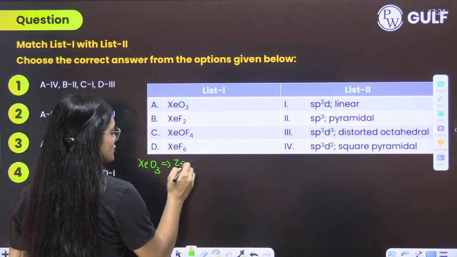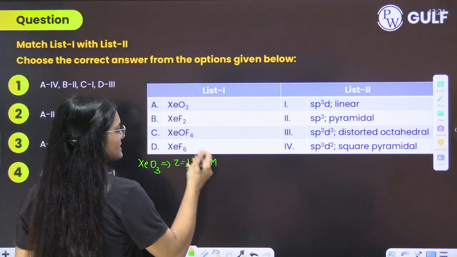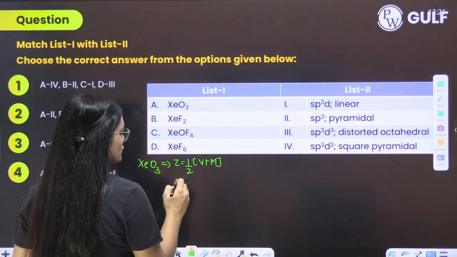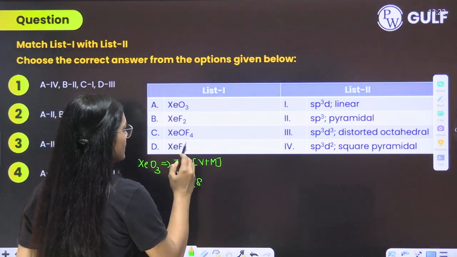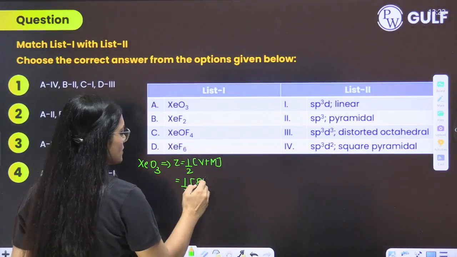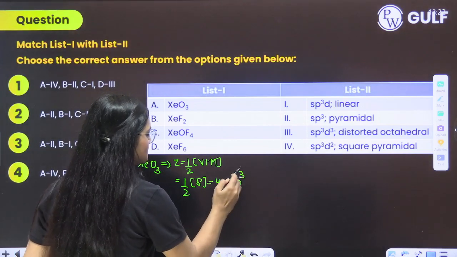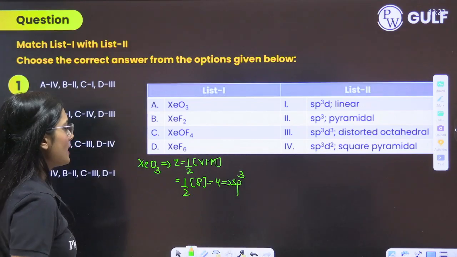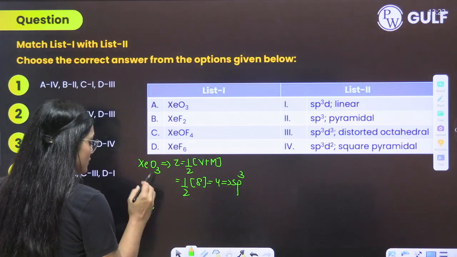Z is equal to half of V plus M minus C plus A. There is no cation or anion. So half V, here the valence electrons of xenon are 8. There is no monoatomic ion here. So it will be 4, and 4 means hybridization here would be sp3. And if I talk about its shape, it will be pyramidal.